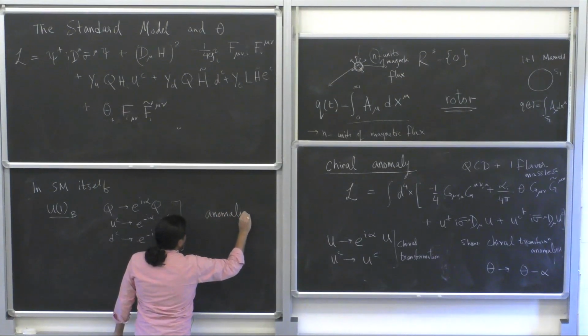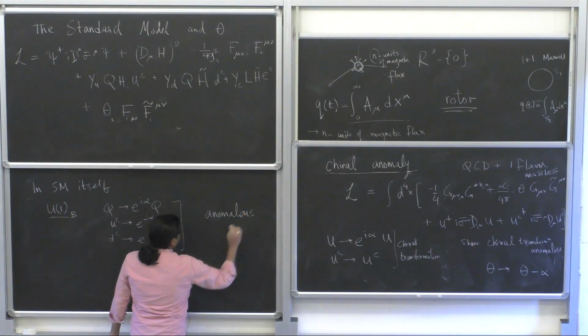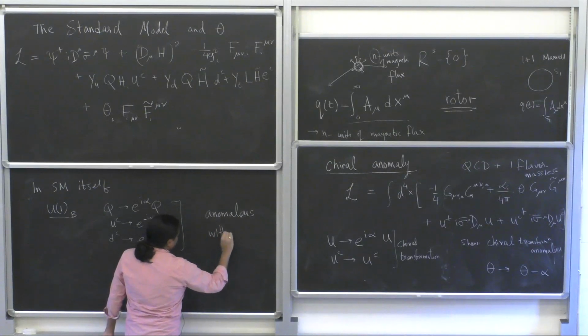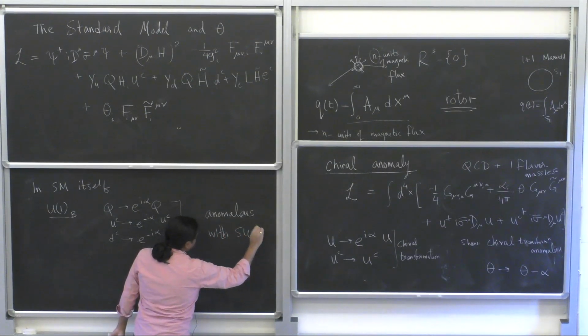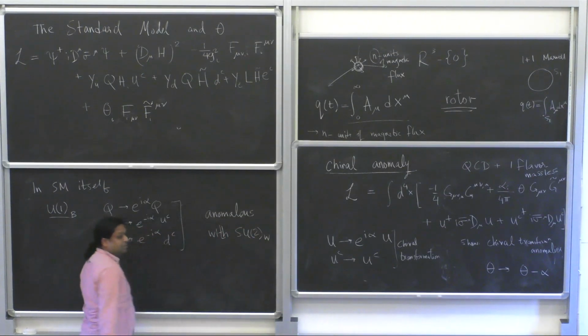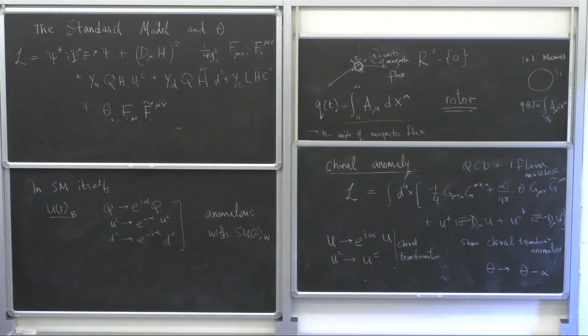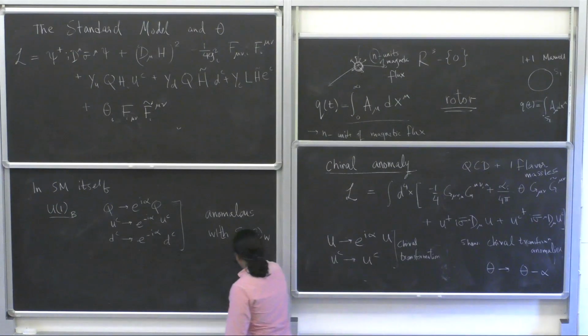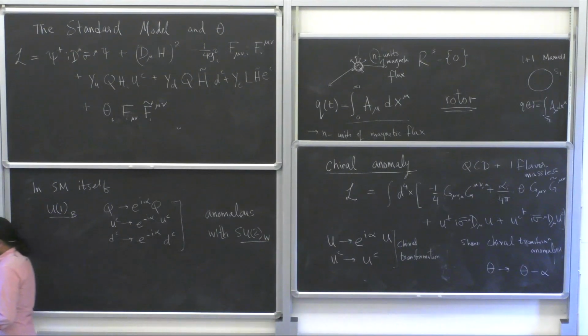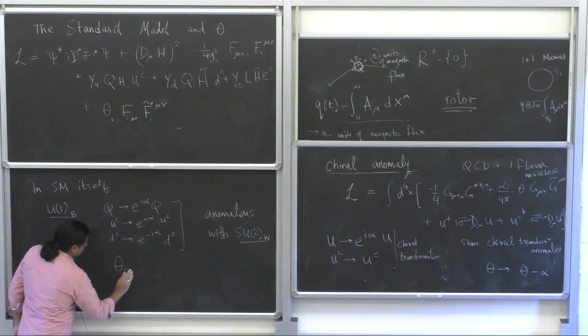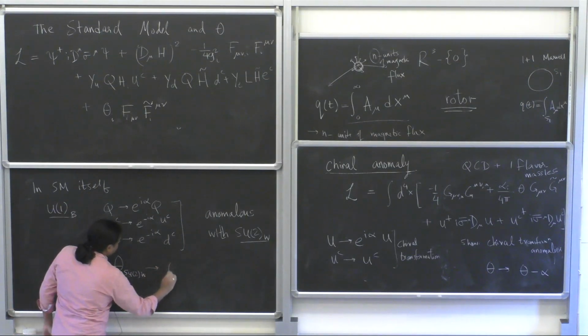symmetry of the Lagrangian, but it's actually anomalous with SU(2) weak. Baryon number, and more precisely B plus L, the baryon plus lepton number symmetry of the standard model, has an anomaly with SU(2) weak. And so doing this rotation, we can set theta SU(2) weak to 0.